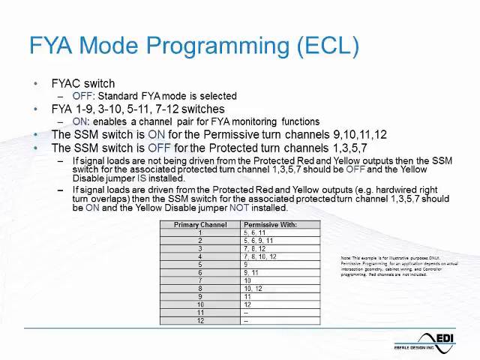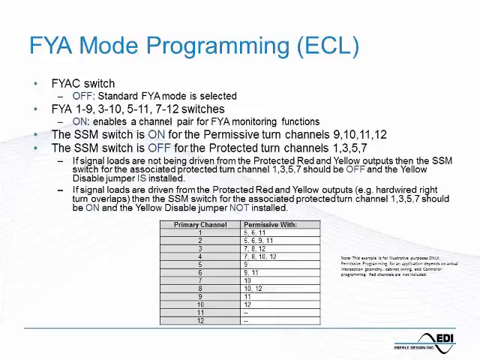In other words, that right turn overlap signal is connected to the associated protected left turn. In that case, we're going to have signal loads on, let's say, channel 1, red and yellow. If that's the case, then we want to turn the SSM switch on for that protected turn channel.